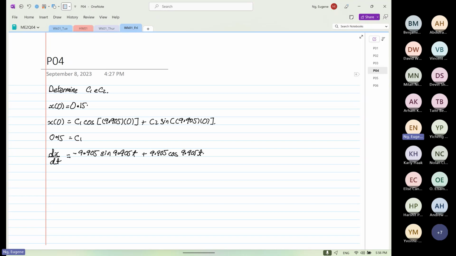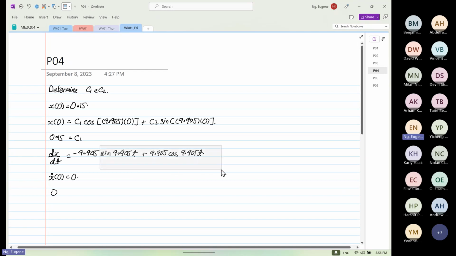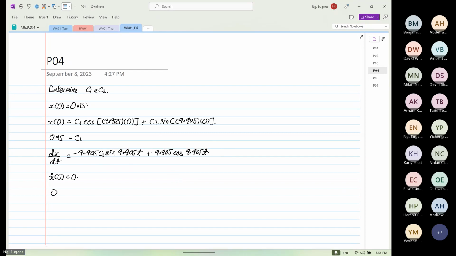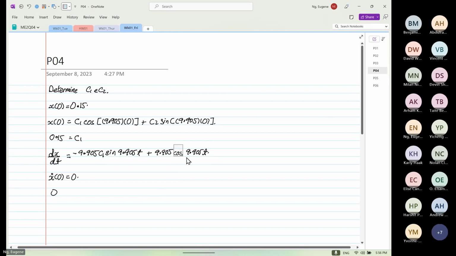I think something is missing down here. I have my C1 missing and my C2 missing. So down here we'll have my C1, and then down here my C2.